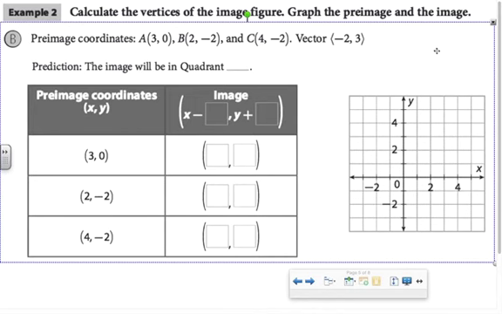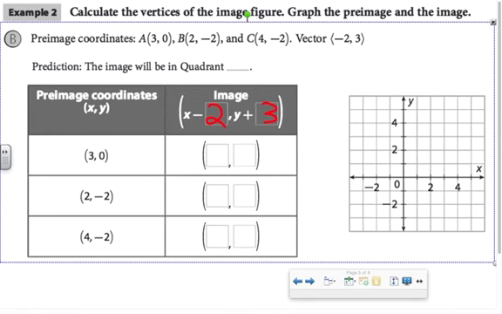And based on the component form of the vector, I'd hope that you'd notice we're going to be subtracting 2 from the x and adding 3 to the y. And now I'm doing just the same thing that we did back in lesson 1.3, where we just followed the rule in order to identify the new coordinates of our point.